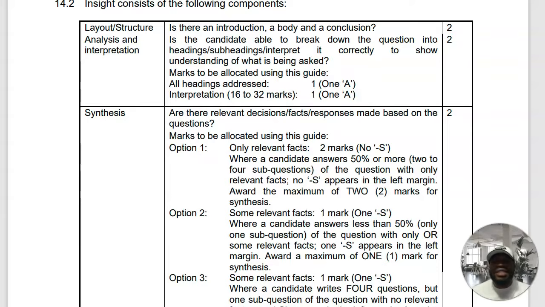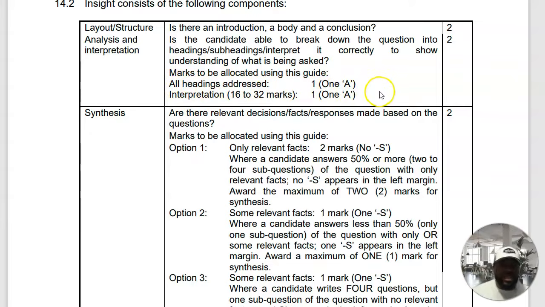Then analysis and interpretation. Here we are saying, is the candidate able to break down the question into headings or subheadings? Remember what I said earlier, that the bullet points must give us the subheadings. So if you are able to interpret 4 bullet points into 4 subheadings, you've got 1 mark already, because all the headings are addressed.